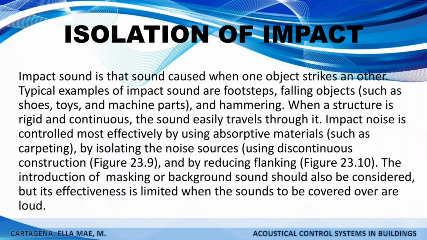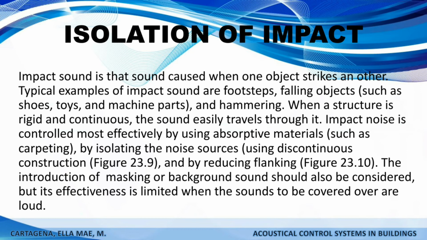So, next is isolation of impact. Impact sound is the sound caused when an object strikes another. Typical examples of impact sounds are footsteps, falling objects such as shoes, toys, and machine parts, and hammering. When a structure is rigid and continuous, the sounds easily travel through it.